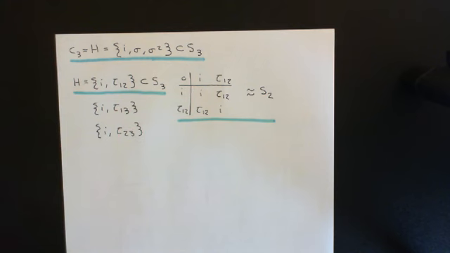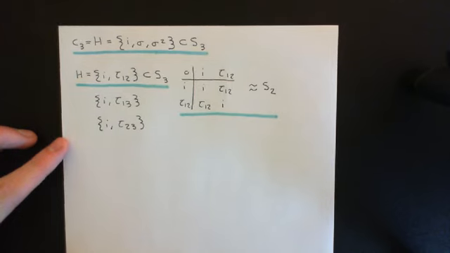The total number of subgroups of S3 is 6, because you have S3 itself and the identity subgroup, which just consists of the identity. So you have the two trivial subgroups, plus these four proper subgroups that we've just been studying, giving us a total of 6 subgroups of S3. So that's some examples of subgroups.